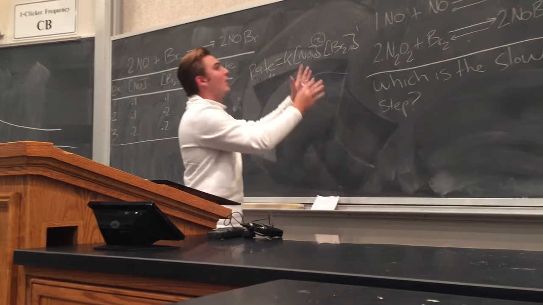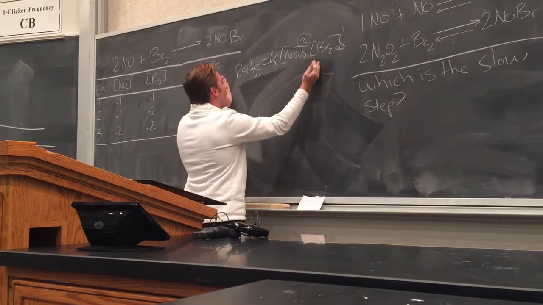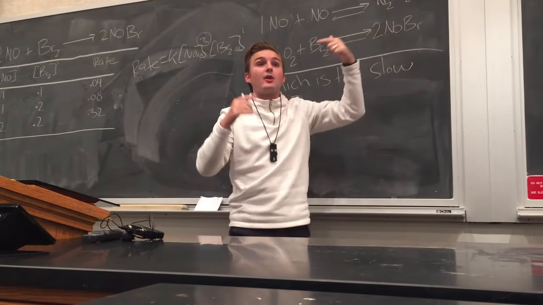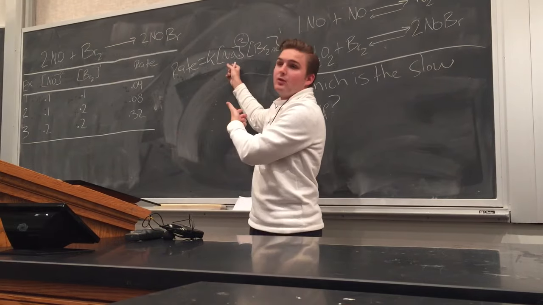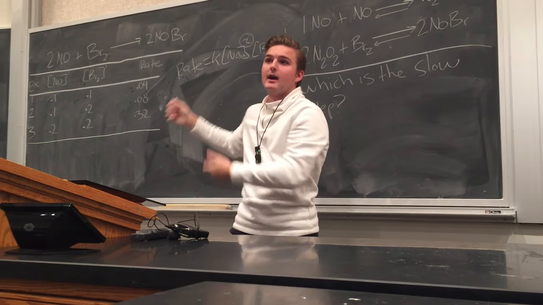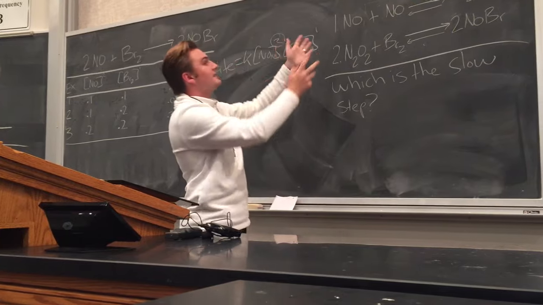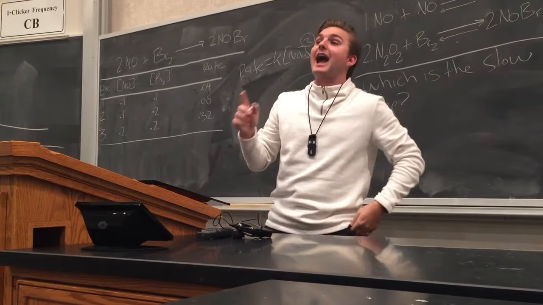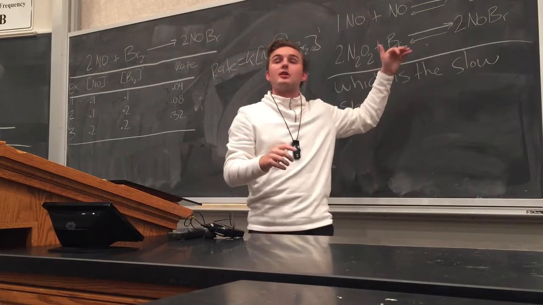So if I want to predict what the slow step is, and I have the rate law, I want to look at if I made either one of these the slow step and then wrote a rate law, does it match up with the one I got over here? Because it has to, right? So let's try this. Let's say the first step is the slow step, meaning I have to write my rate law according to the first step.